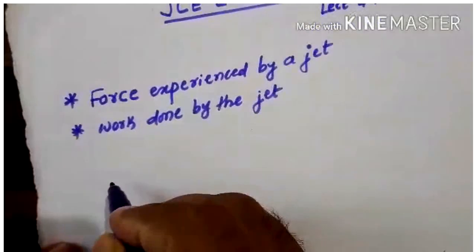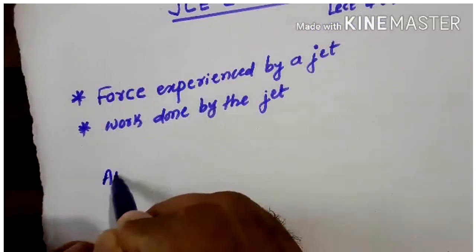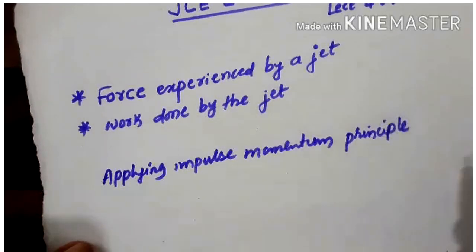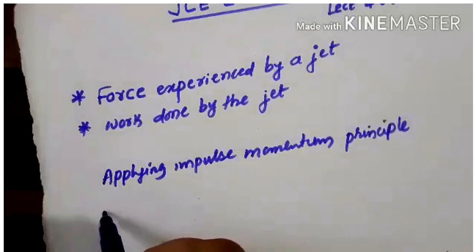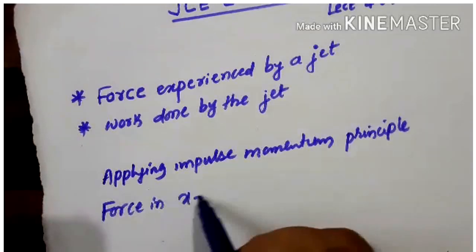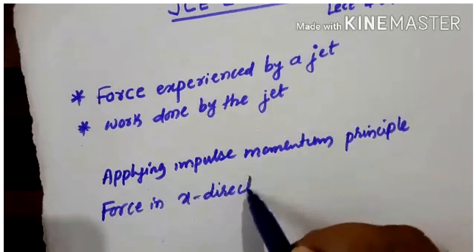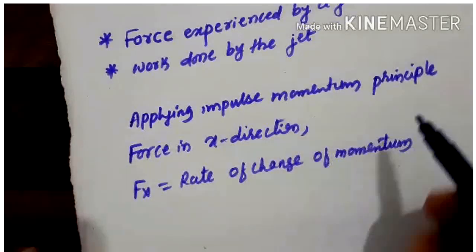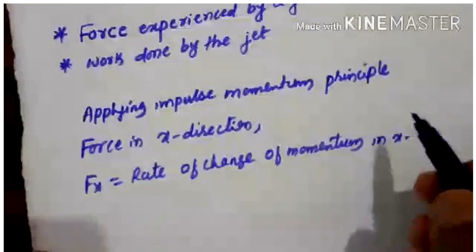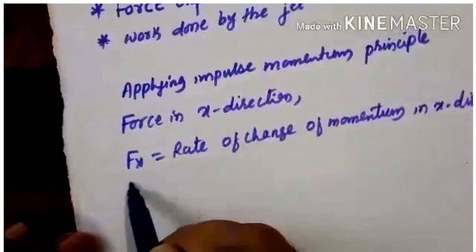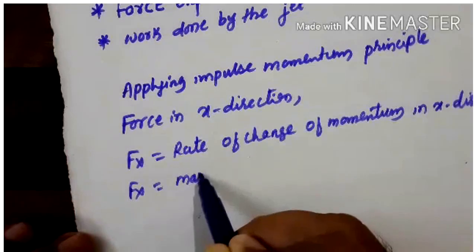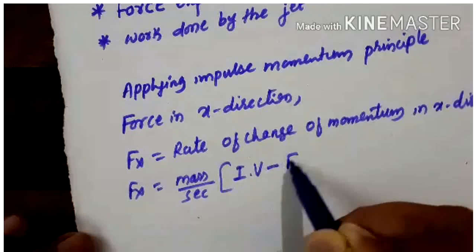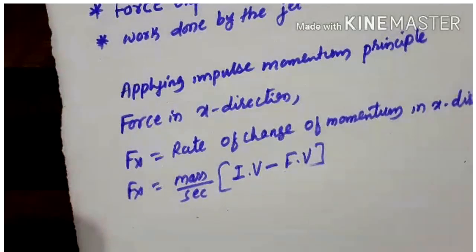So applying the impulse momentum equation, the force in x direction, Fx, will be the rate of change of momentum in x direction. Then Fx can be written as mass per second into the bracket initial velocity minus final velocity.